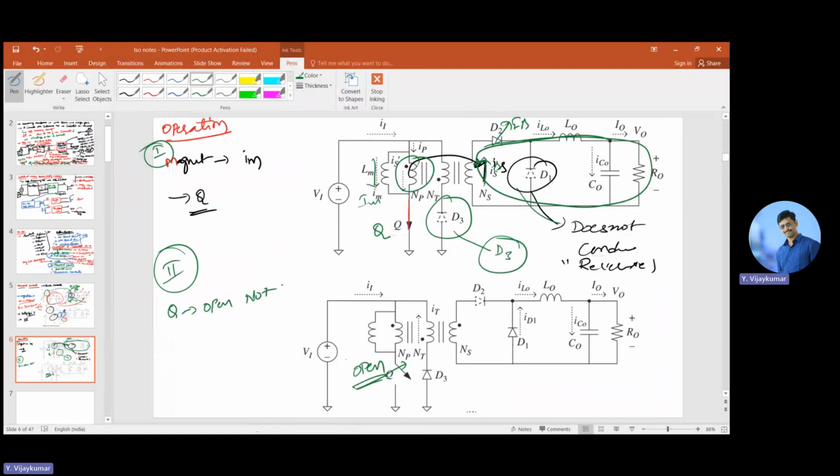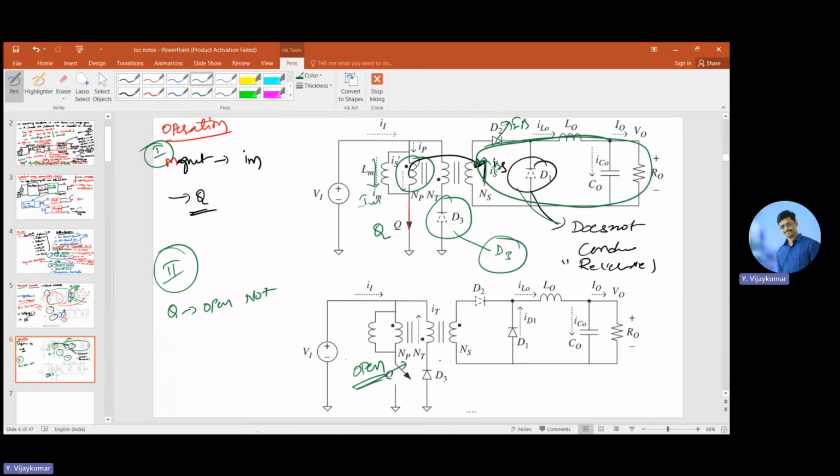There is no conduction on the primary side. However, there is some amount of energy stored in the inductor, so because of that energy there is still a flux and a current flowing in the transformer to the secondary side.